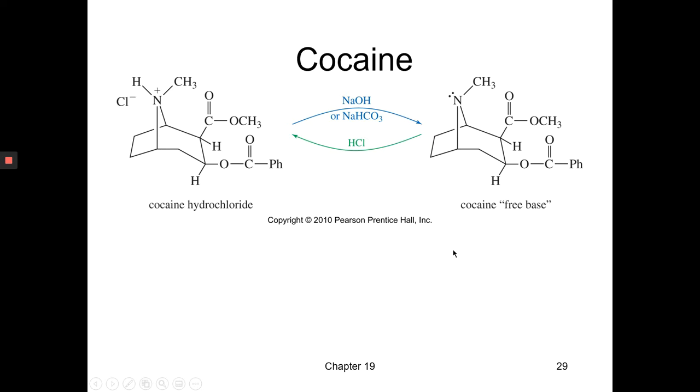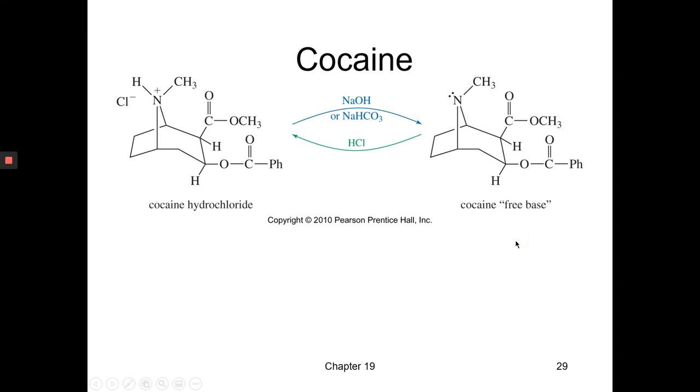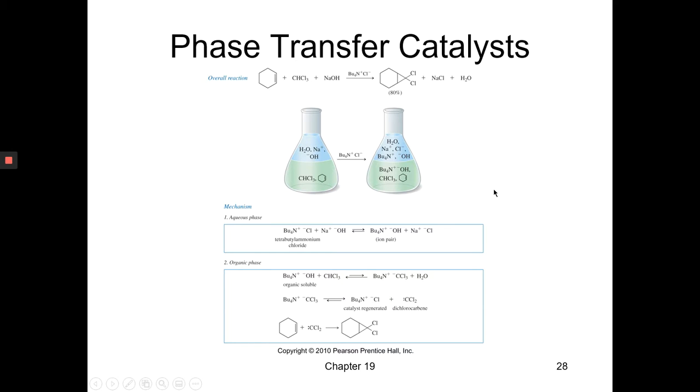Here we get a tetrabutylammonium hydroxide salt, which is now soluble in organic liquids. Because of the greasy butyl groups, we can dissolve it in an organic solvent, and then the hydroxide ion goes along in order to keep the charges balanced. So we can carry this reaction out in an organic solvent.